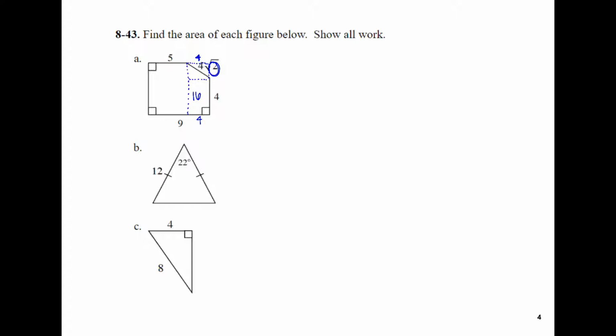If we know that our hypotenuse is 4 root 2, and one of our legs is 4, we can use the Pythagorean theorem. a squared plus 4 squared is equal to 4 root 2 squared. So when we do 4 root 2 squared, we do 4 root 2 times 4 root 2.